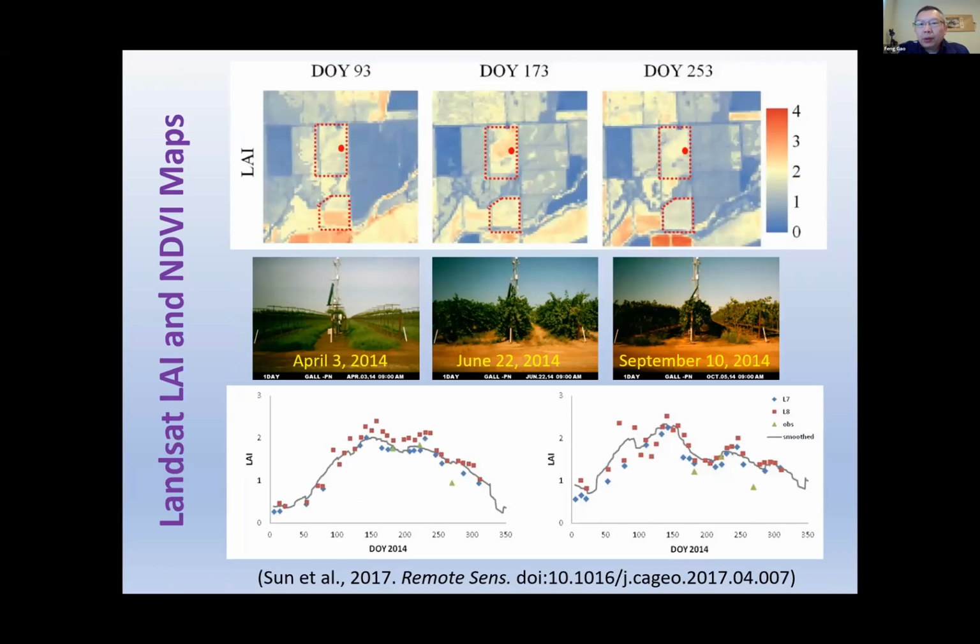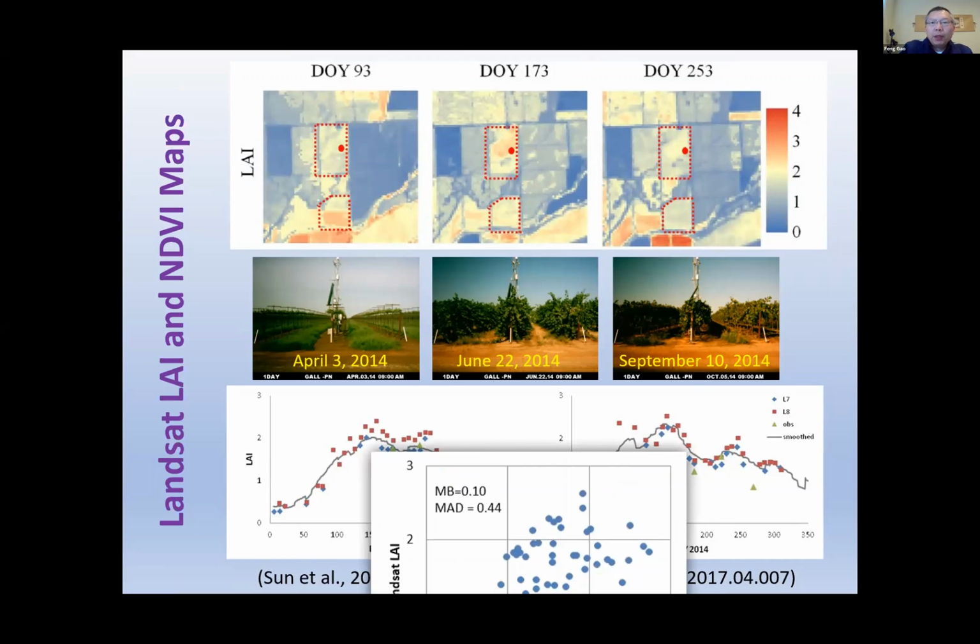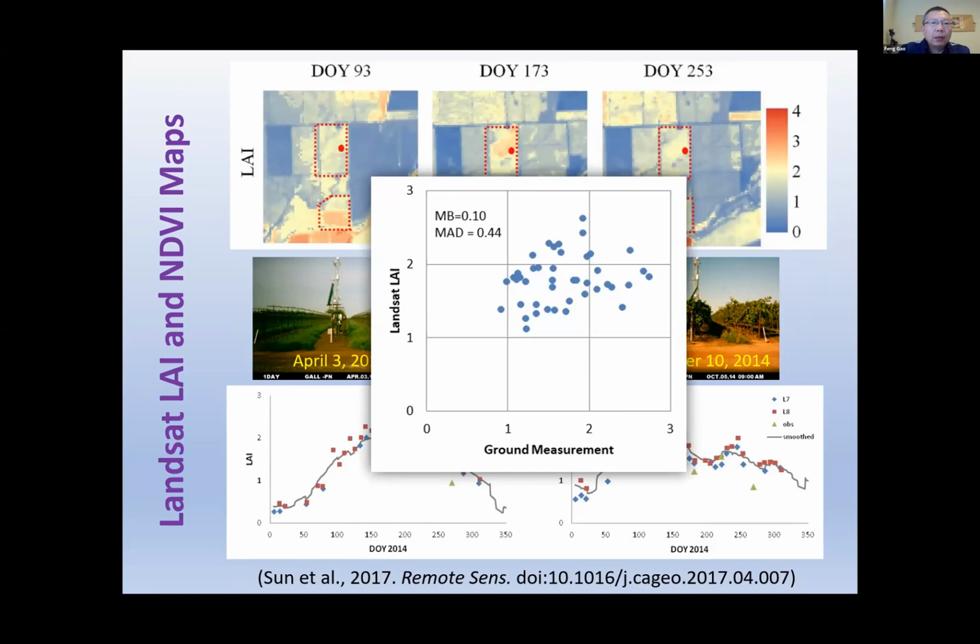The reference-based approach was first applied over the Sierra Loma site, or Borden site. This example shows the Landsat LAI from the early, middle, and late vine growth period in 2014. We have many clear Landsat and Landsat-Sentinel observations, which allows us to generate daily LAI at 30 meter resolution. Compared to the field measurements in the early period, including 2013 and 2014, we see the absolute difference is around 0.44.